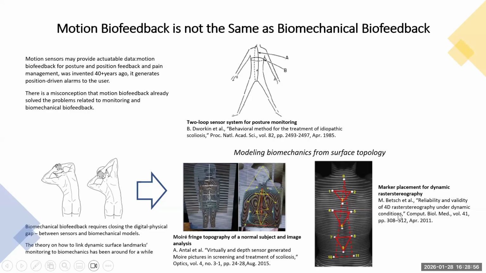There's a lot of interesting work in raster stereography, where basically Moiré imaging was used to detect what's happening with the spine. And interestingly enough, it was very useful for things like scoliosis and spinal therapy after surgery. But the idea came down to detecting key points, landmarks on the dorsal surface, that can actually tell what's going on with the spine.